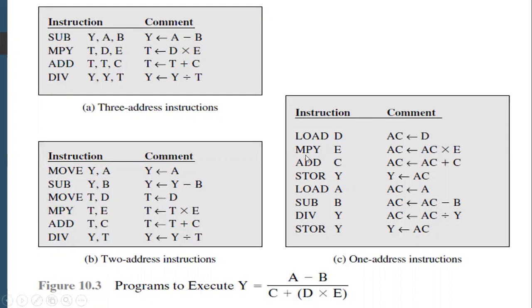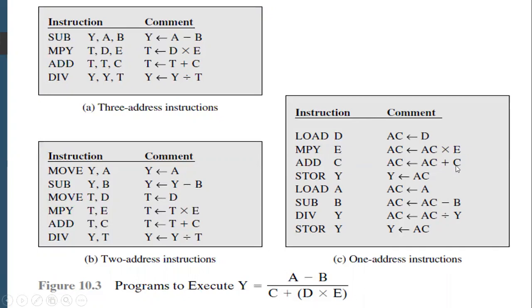Next thing is multiply by E. That means whatever the contents of AC are, multiply those contents by contents of E and store the result into AC again.